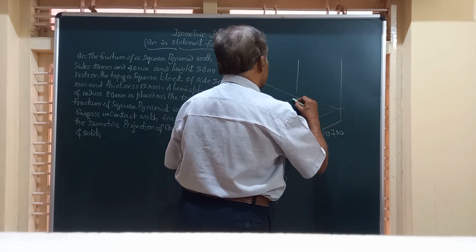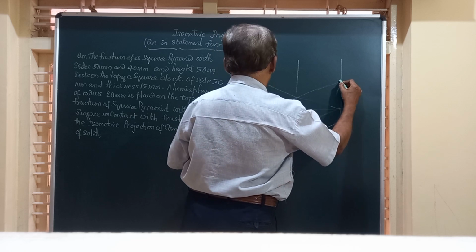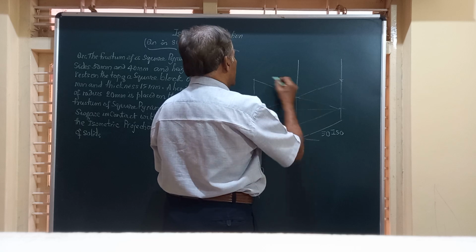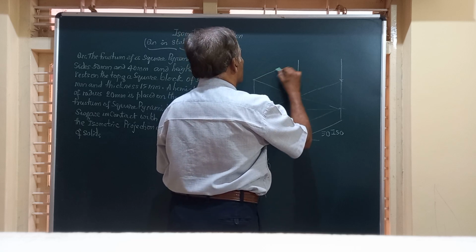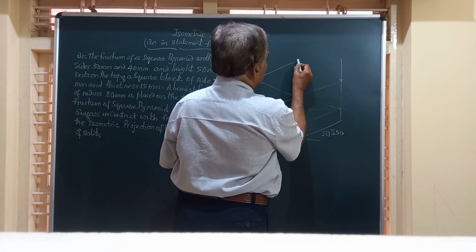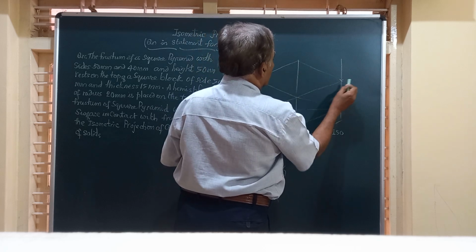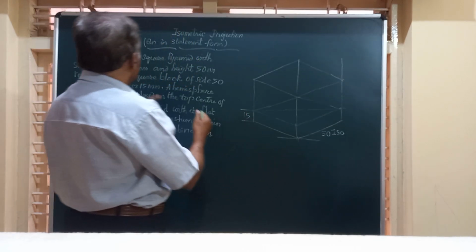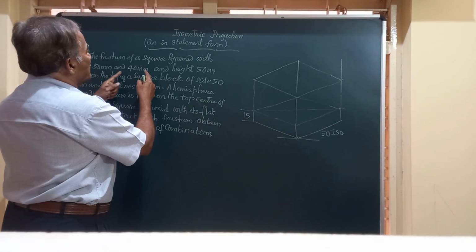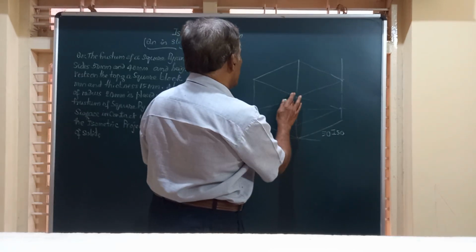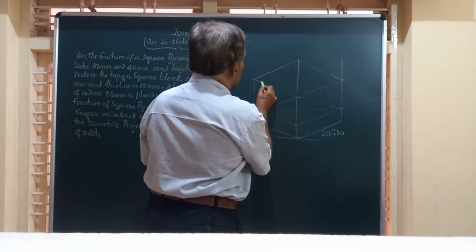For the top surface, we extend this line to meet somewhere here. This is 50, 50. And here, by drawing a parallel line, we get this line. This line is parallel to this. Finally join that. So friends, the square block we have got. The frustum now has dimensions 50 mm and 40 mm. So this is 50 and the other one is going to be 40.